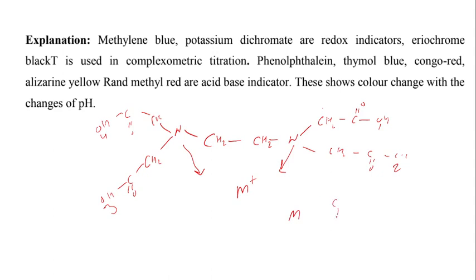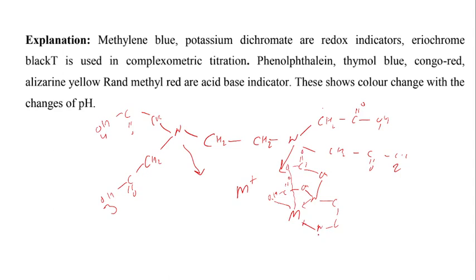So this metal will be surrounded by nitrogen, and it will make a coordination bond like that. Then CH2CO, this H will be removed and it will make a bond like that. Similarly another nitrogen, then another group CO, O minus, will also make a bond like that.